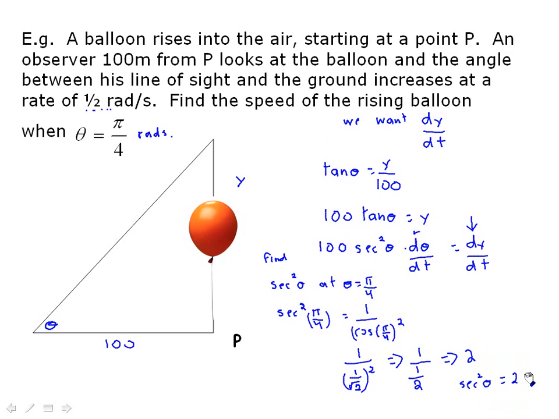That's how we get secant squared theta. I'm going to bring up a new screen, and let's finish it off. So our equation as we had it was 100 secant squared theta times d theta/dt is equal to dy/dt.